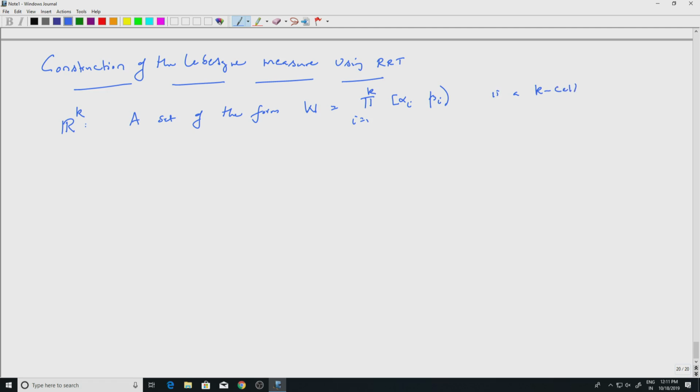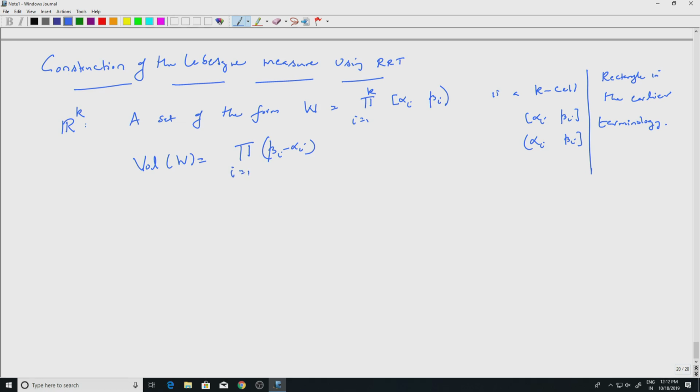Of course, sometimes one may change this to alpha_i closed, beta_i open, or alpha_i open, beta_i closed, etc. So, this is simply a rectangle in our earlier terminology. And of course, it has the volume which we already know. So, the volume of W is simply the product of the lengths of the sides, beta_i minus alpha_i, i equal to 1 to k.